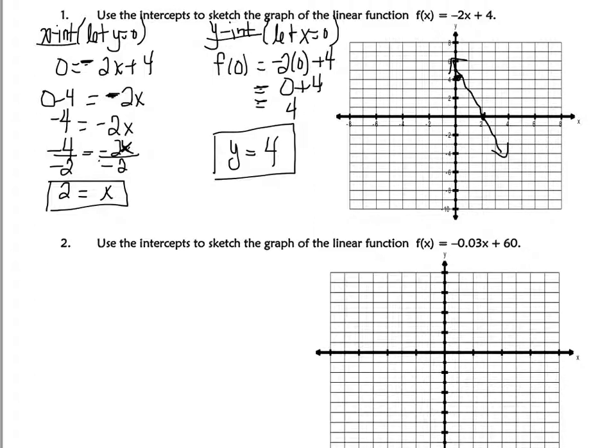All right, so the next example, same thing, except that the x is not labeled for you this time. So you can actually use the x and y intercepts to help you figure out how to label your graph. So the x-intercept is let y be 0. So you're going to say 0 equals negative 0.03 x plus 60, which is going to give you negative 60.